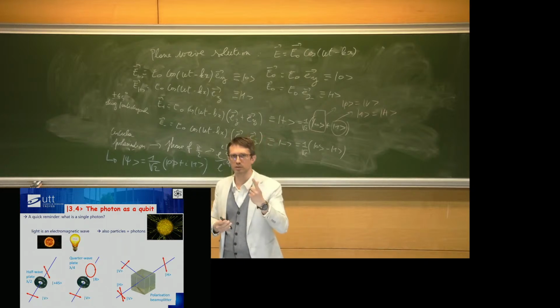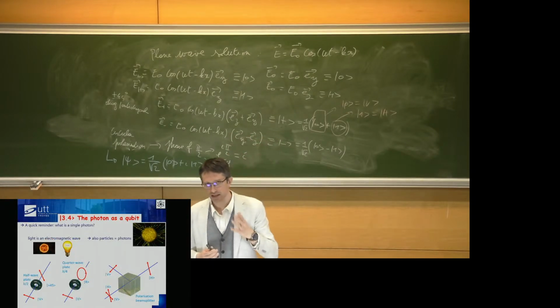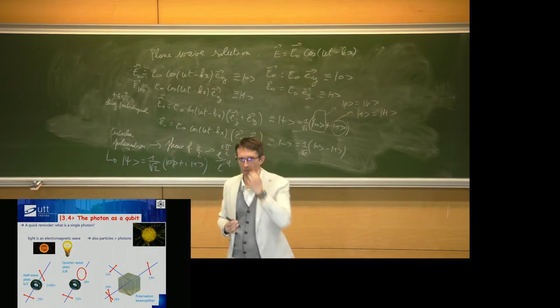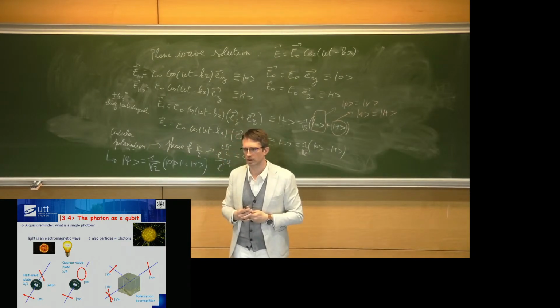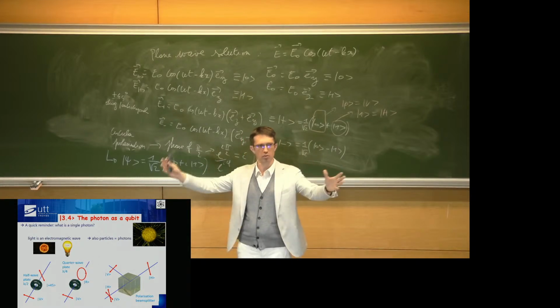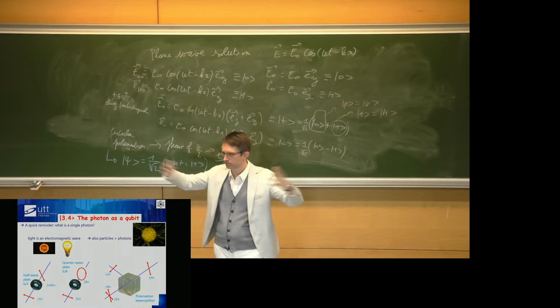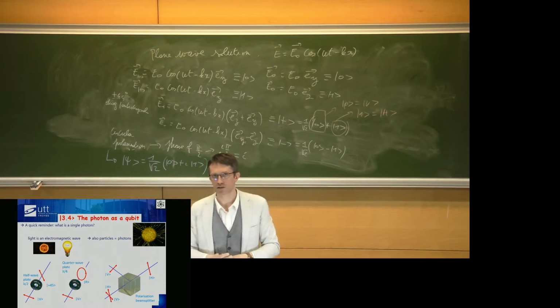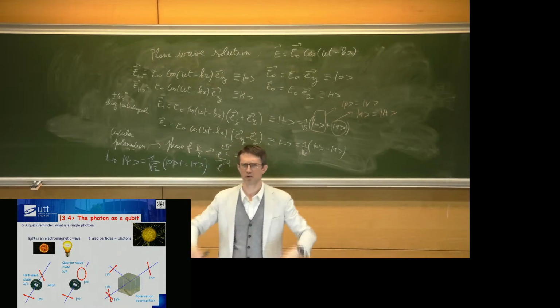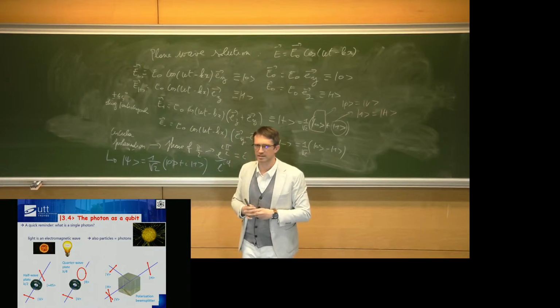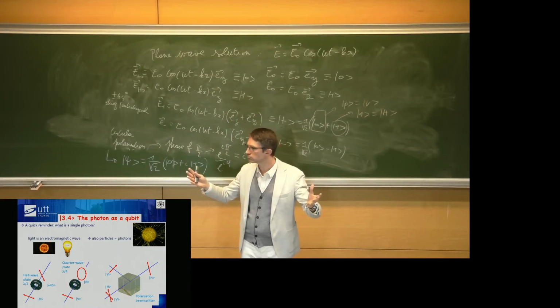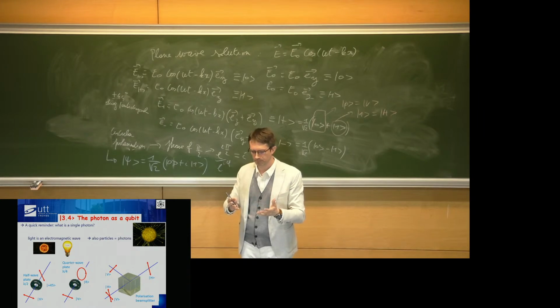A single photon is less than a femtowatt of power. A femto is 10 to the minus 15 watt. So in this room, which probably has many milliwatts of light, we have a lot of photons, except that we don't really control them.